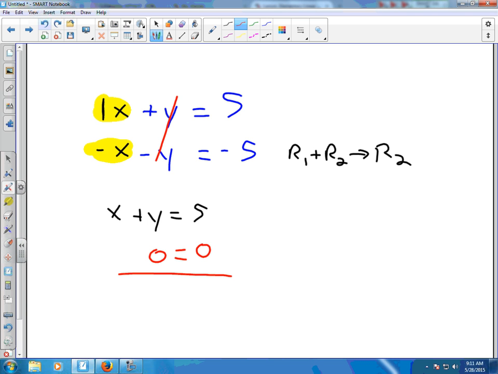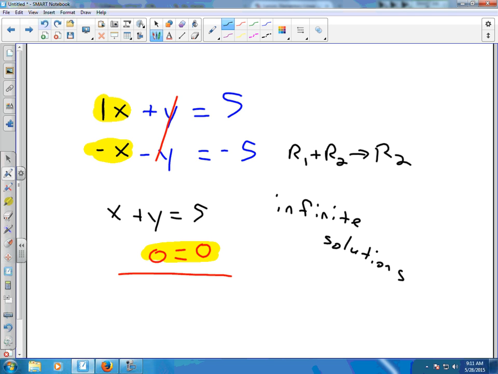So we reduce that system. And is that bottom statement a false statement or a true statement? It's true. So that tells us that if we come out with an equation like that, that tells us there are infinite solutions.